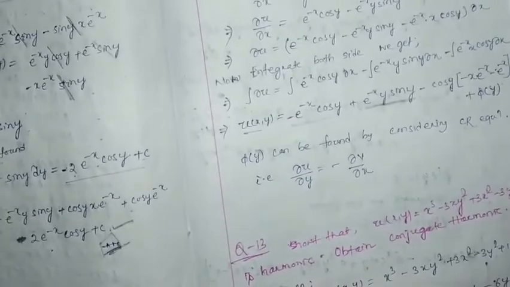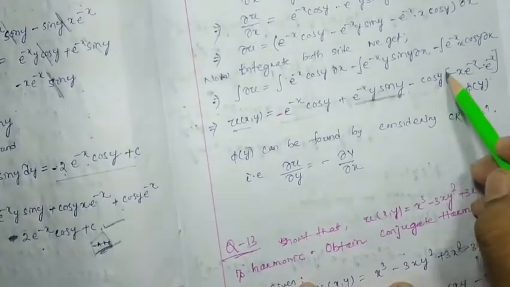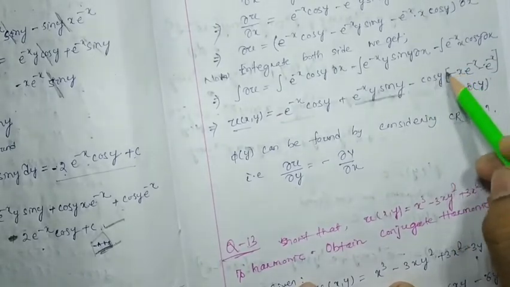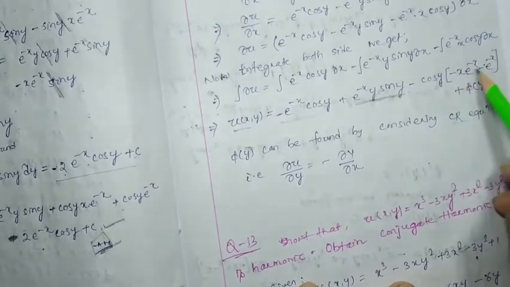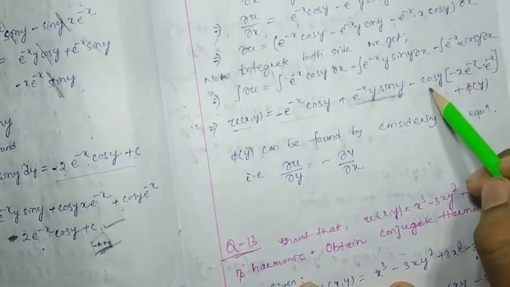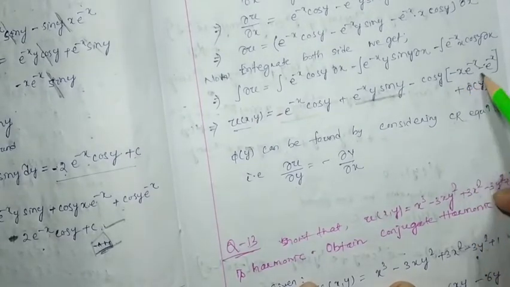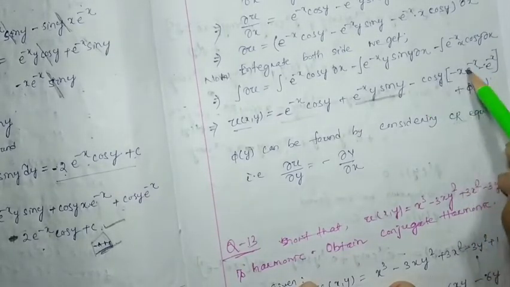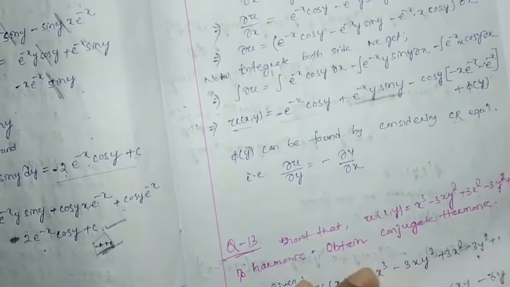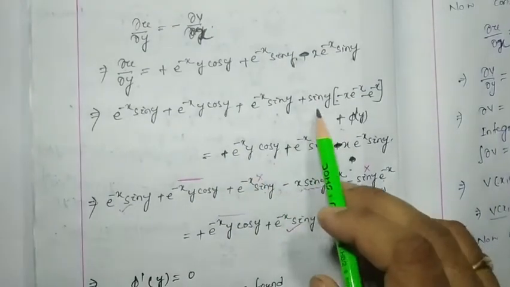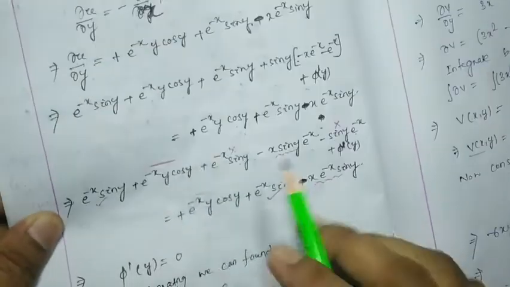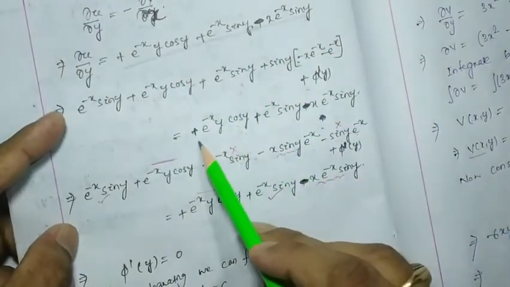Then here it is minus cos y, and the derivative of cos y is minus sin y, so it will be plus sin y. All the terms in the bracket are functions of x, so they are constant when differentiating with respect to y. So it will be plus sin y times this term, and plus phi dash y. So it will be plus sin y minus x e to the minus x minus e to the minus x plus phi dash y is equal to this much.